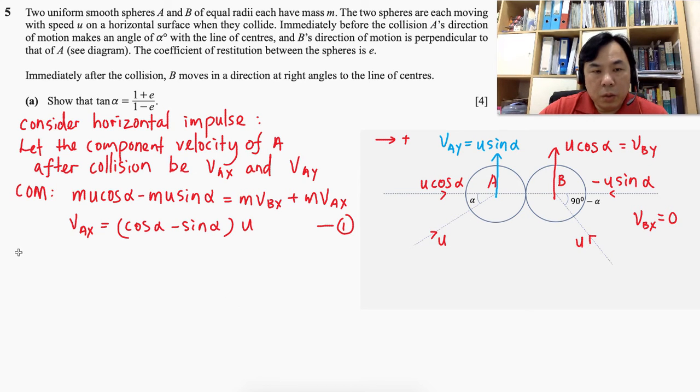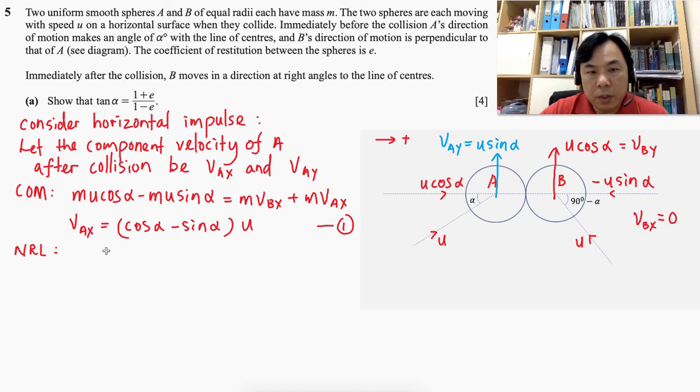Now next, by using Newton's restitution law, I just write it down in short. It says that the relative speed of separation divided by the relative speed of approach must be the same as the coefficient of restitution e. So let's do the separation. We are looking at the horizontal component again because the impulse is only available for impact along the horizontal line here.